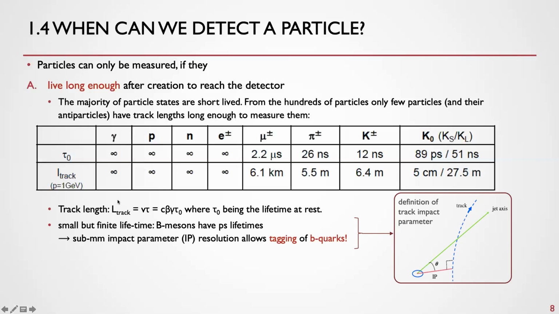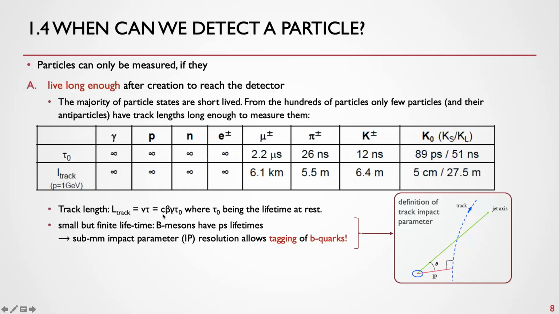Now, is it as good a time as any to discuss the track length? The length a particle can travel before it decays is its speed times its lifetime in the laboratory frame.